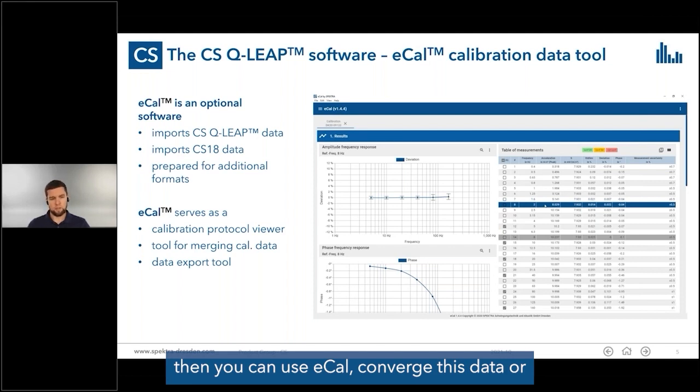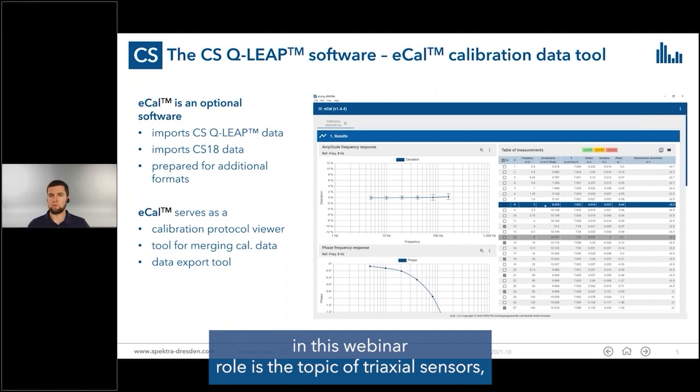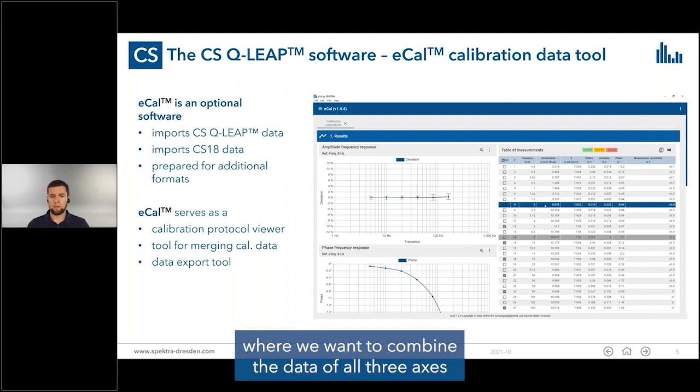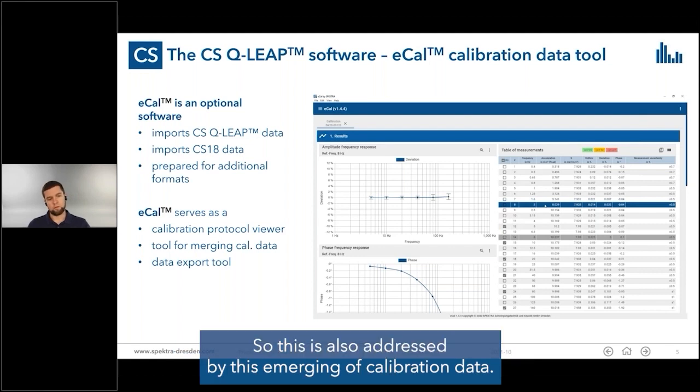Likely a topic that most of you are also looking for in this webinar is the topic of triaxial sensors, where we want to combine the data of all three axes and put them into one protocol in the end. So this is also addressed by this merging of calibration data.